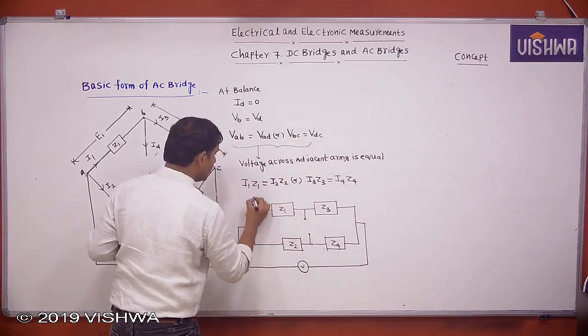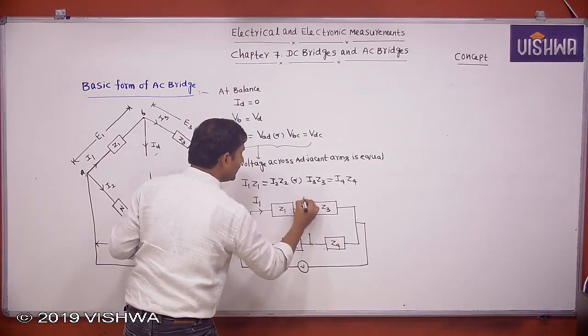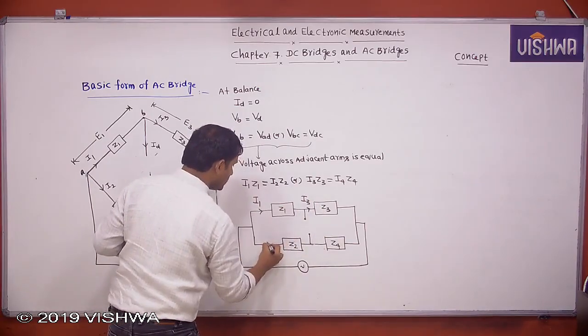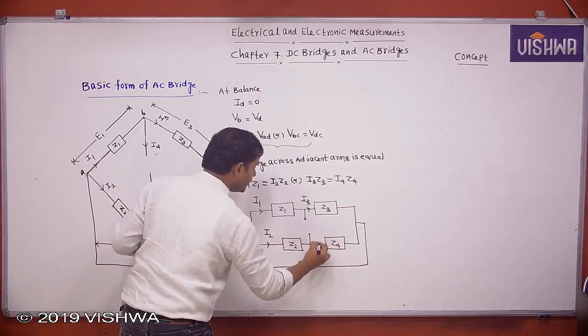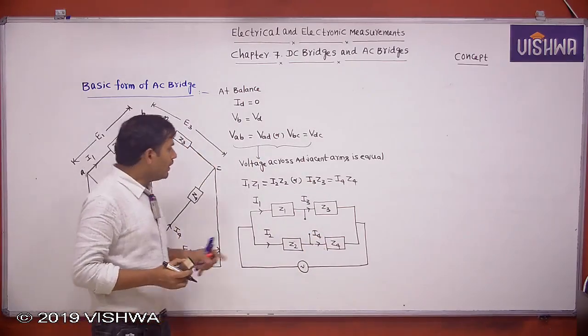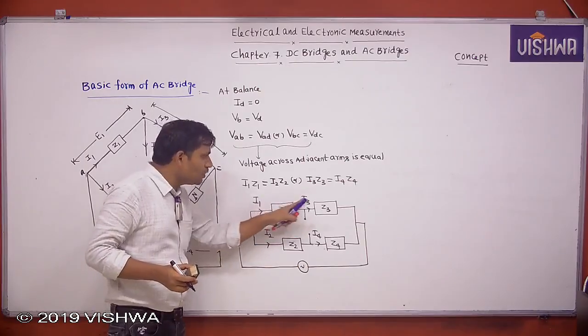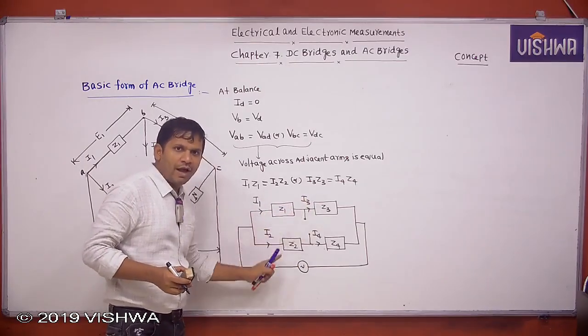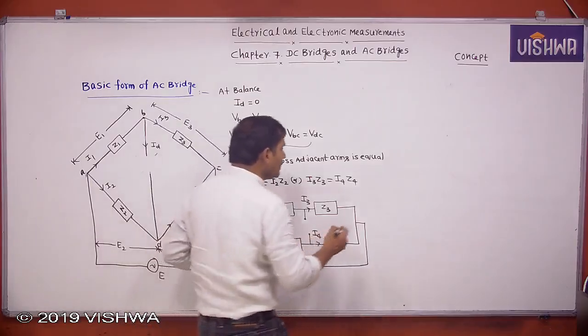This is I1, this is I3, this is I2, and this is I4. Now, at balance condition, I1 equal to I3, because these two are in series, and I2 equal to I4.